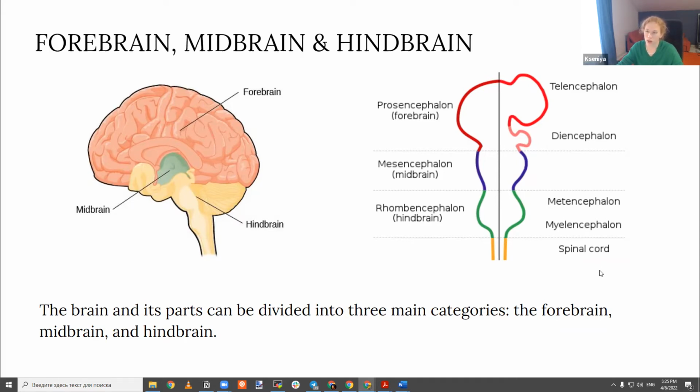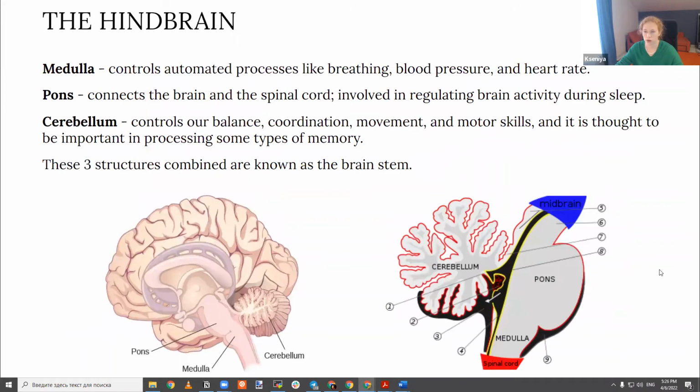The forebrain or prosencephalon, the midbrain or mesencephalon, and the hindbrain or rhombencephalon are the three primary brain vesicles during the early development of the neural system. So this division is connected with embryogenesis and, in some kind, also with evolution.